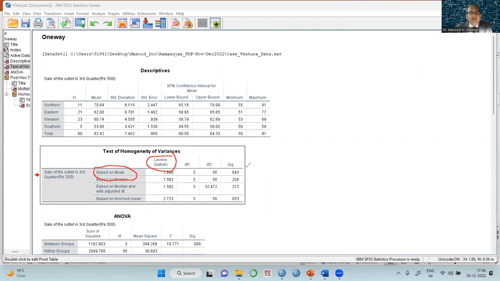So here, what is the value? P value is 0.043, which is less than 0.05. So we reject H naught. Reject H naught means variances are not same. Okay, so this is the result from the Levene test. It only provides which type of post hoc analysis is to be performed.